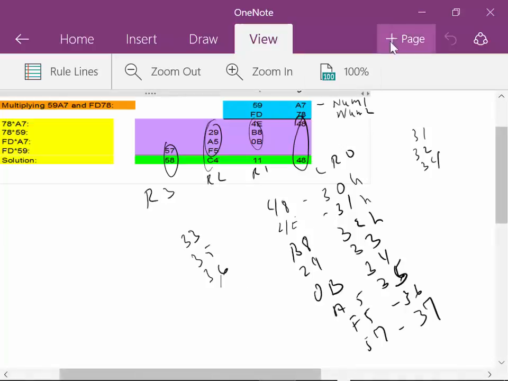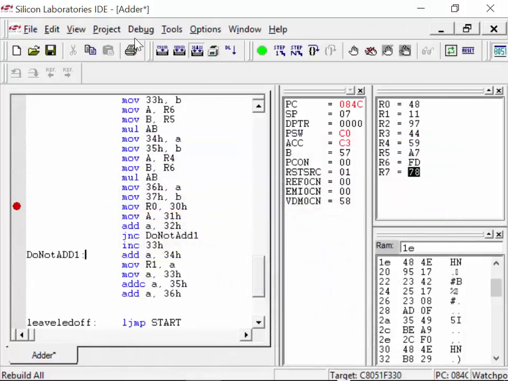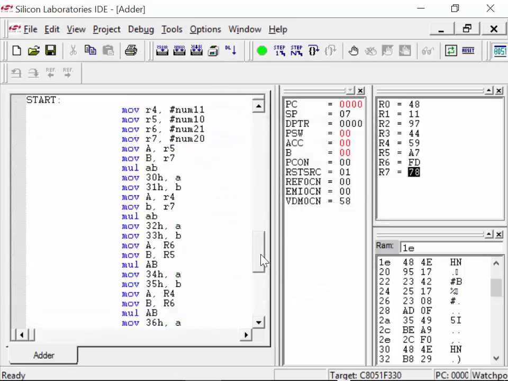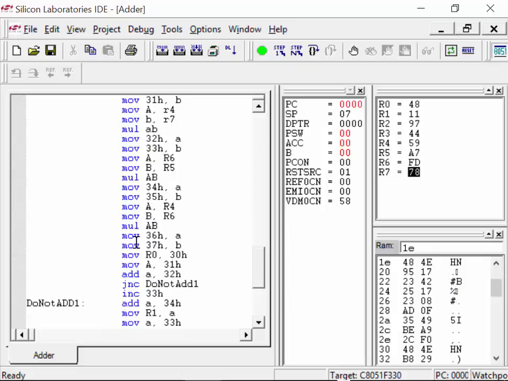So let's see what happens here. And I'm just going to put a break in there so I don't have to go through here. So we go through and we do that multiply.